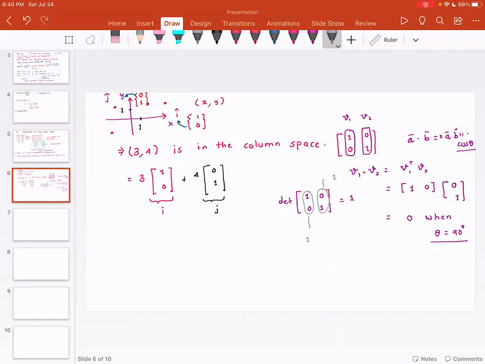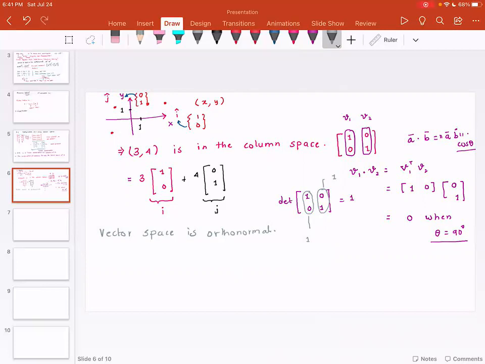So the magnitude is 1. So this vector space is orthonormal. So this is an important concept.